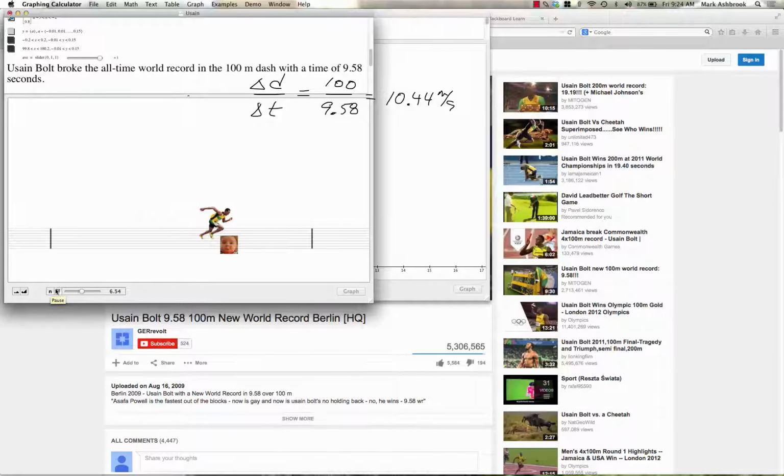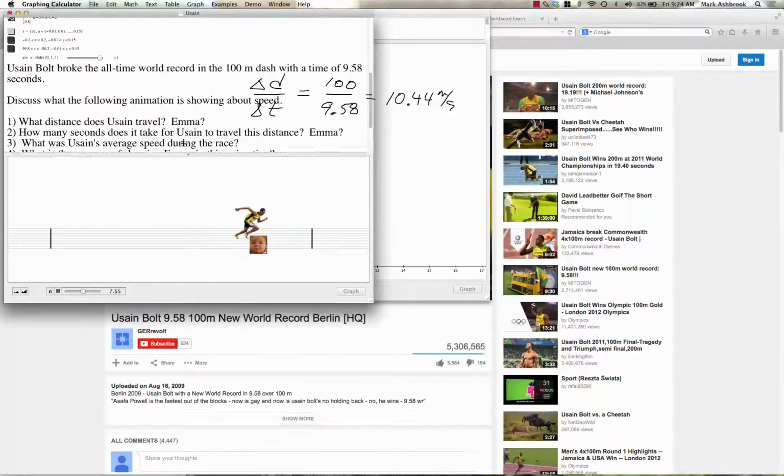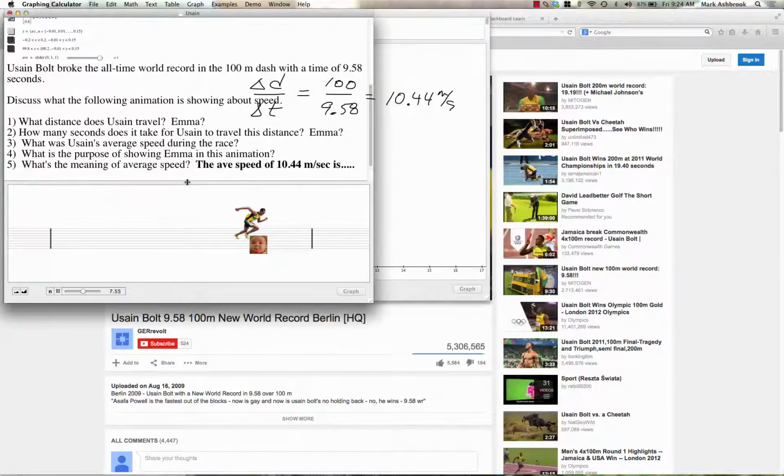Okay, so I'm going to take attendance. I got some questions for you here. We're trying to make sense of this number. If he ran all these different speeds, but we used change in distance over change in time to get this number 10.44, a single speed, how can we make sense of that single speed representing something about Usain? Okay, and so Emma's there to help you with that. So can you read those questions big enough?